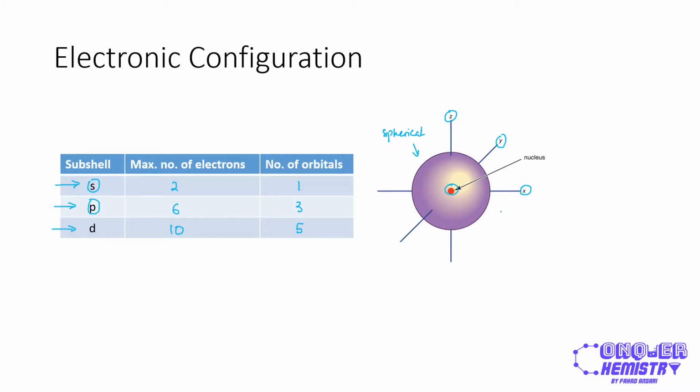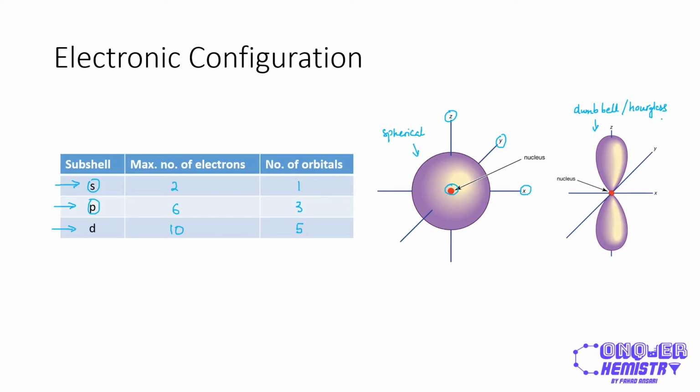All right, now the p subshell has a different shape for its 3 orbitals. Now one of its orbitals is shown over here. Now this shape is usually called a dumbbell shape, or some people like to call it the hourglass shape, and some students say that it looks like an infinity sign.